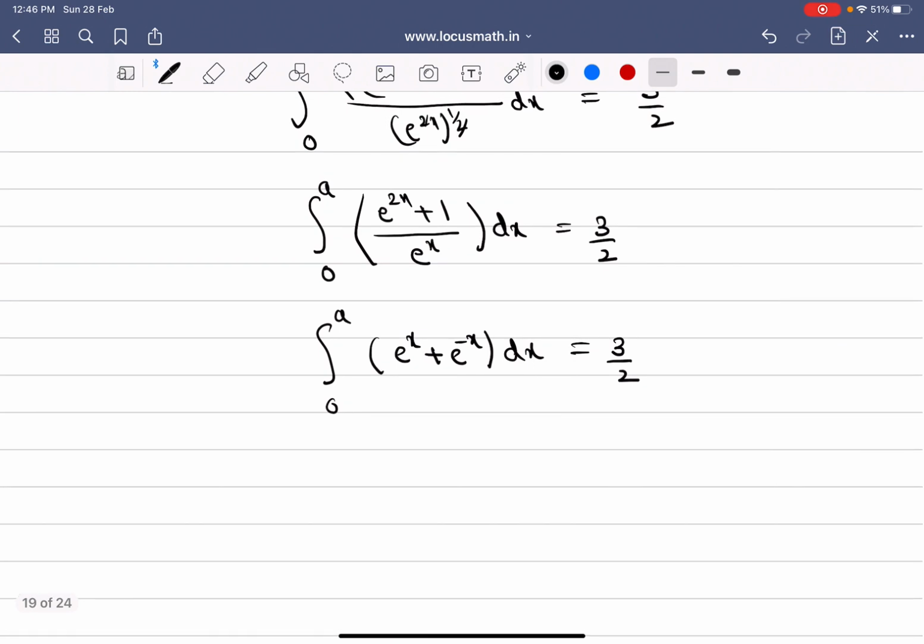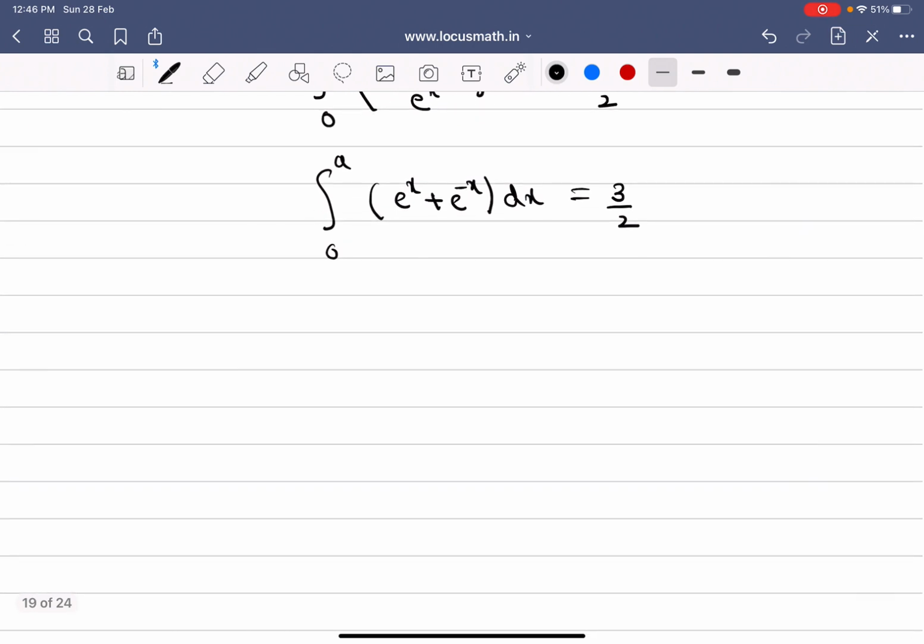Now if you integrate it, the integration of e^x is e^x only, and the integration of e^(-x) is minus e^(-x), from 0 to a, equal to 3 over 2.